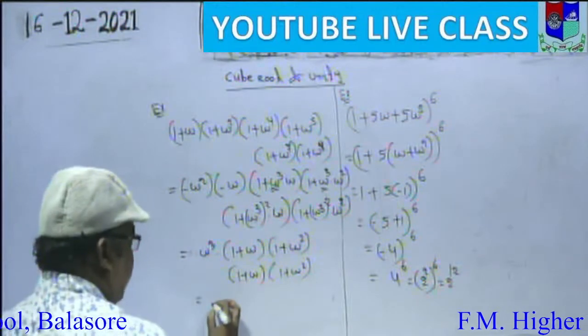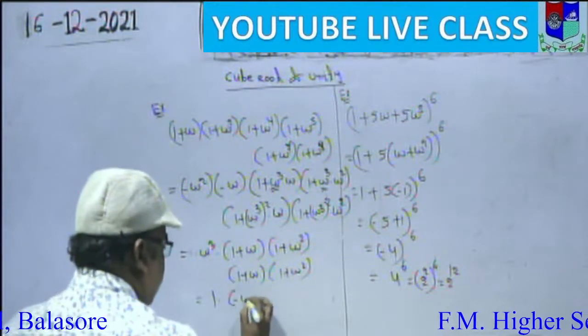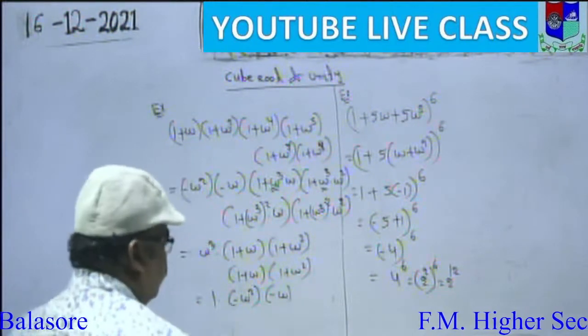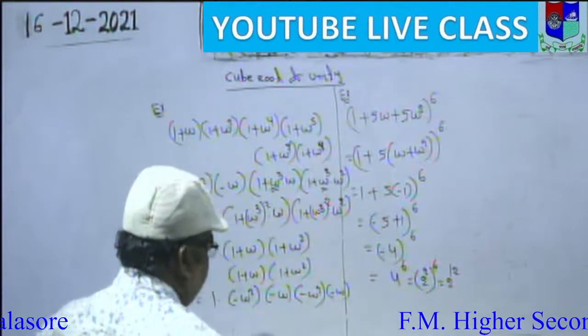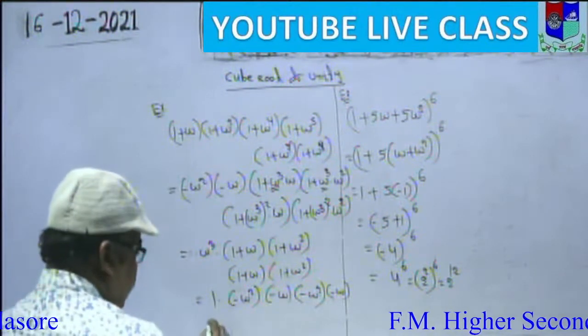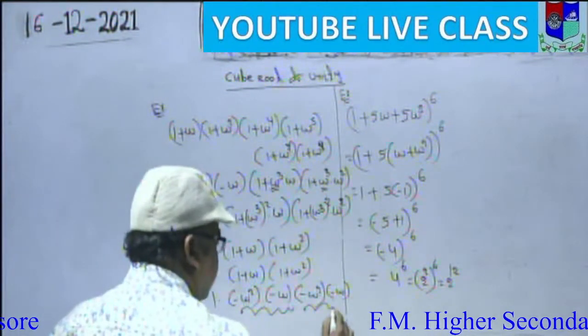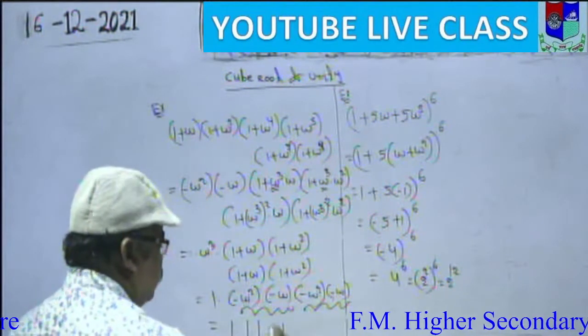So we find it is 1. From this 1 plus omega, we find it is minus omega square, and it is minus omega. Again it is minus omega square and minus omega. So we find it is omega cube, again it is omega cube. So 1 into 1 into 1, answer is 1.